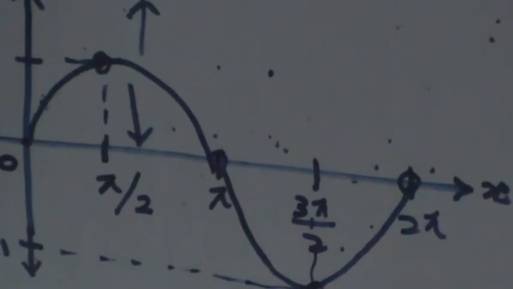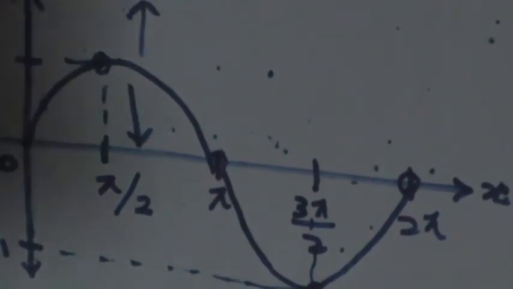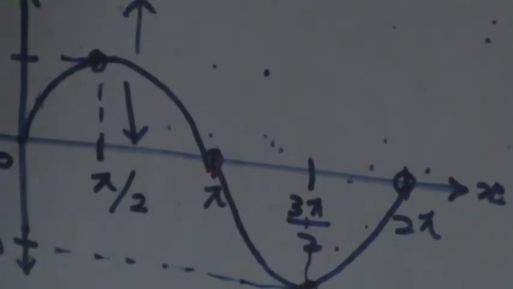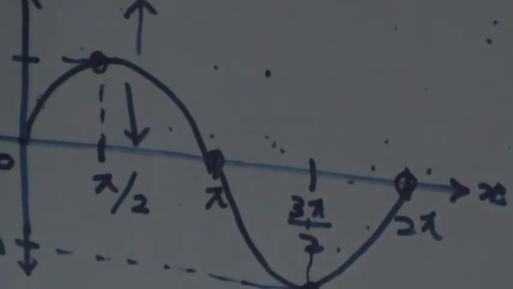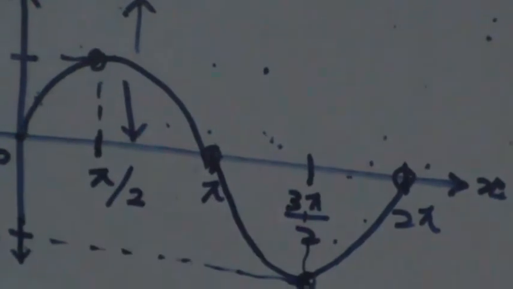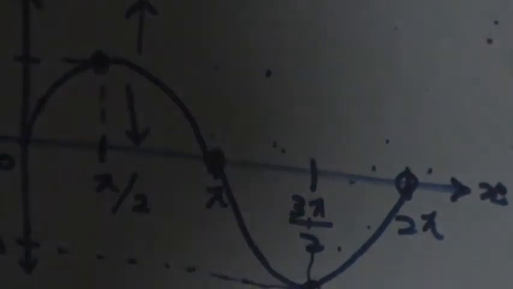So if y is equal to sine minus 2 theta, that will be equal to minus sine 2 theta. So now you know, if y is equal to sine x, you can draw the graph of y equals sine x and then draw the graph of minus sine 2x. If y is equal to sine minus 2x, the graph will be the same as the graph of y equals minus sine 2x.